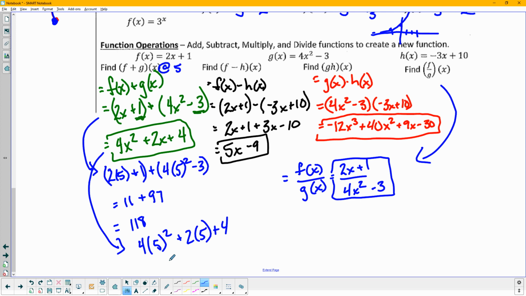Oh, and I did that wrong. Okay. Now it's making even more sense. And was it 118 or was it 108? It was 108. Tried to fix a wrong and made it another wrong. This would actually be a minus 2.